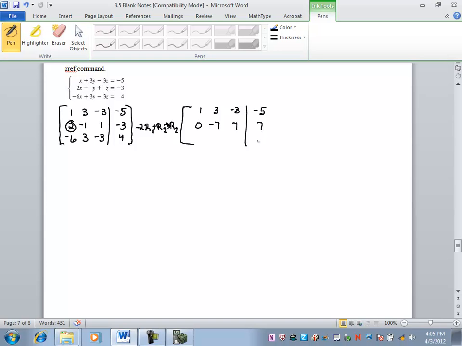And then let's also try to turn this into a 0 while we're at it. So let's take 6 times row 1, add it to row 3, and we'll get our new row 3. 6 times 1 is 6, minus 6 is 0. 6 times 3 is 18, plus 3 is 21. 6 times -3 is -18, minus 3 is -21.